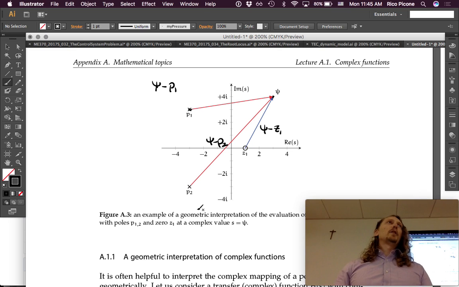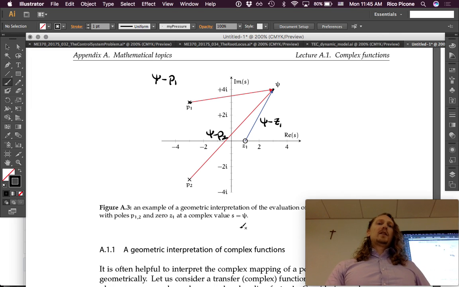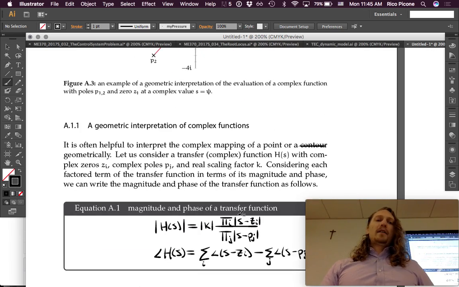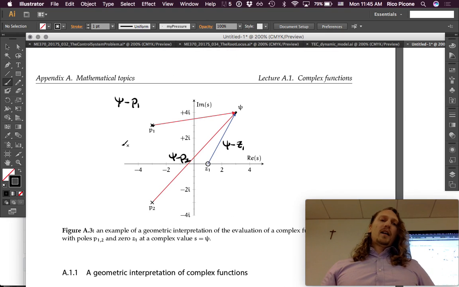This is the thing that I really wanted to get us thinking about. If we think of these as vectors, their magnitudes are equivalent to what? The lengths of the vectors, right? So in the magnitude equation, what we have is s minus zi magnitudes divided by s minus pi magnitudes.